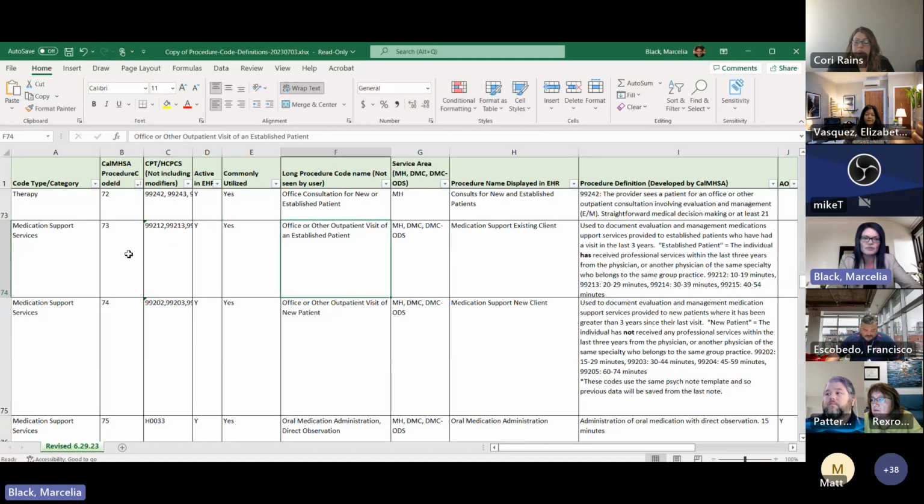So you will use the procedure code, and if it was 30 minutes or 45 minutes, whatever, you would send in the minutes, and in the background the system, SmartCare, will calculate the units that will be submitted.